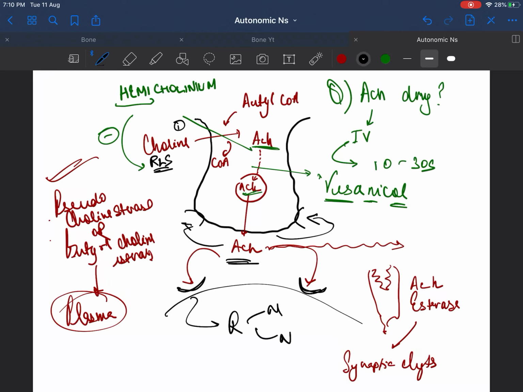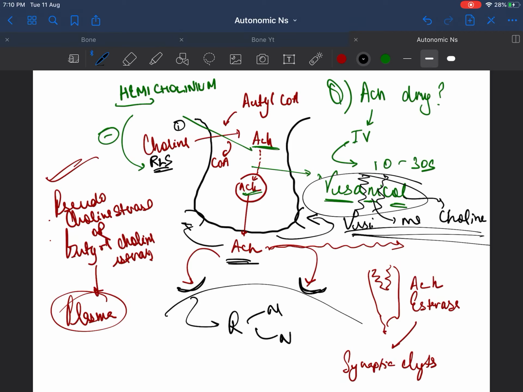You can remember this drug by speaking it in Hindi. Vesa means vesicle, me means में, choline. तो वेसिकल में कोलिन नहीं घुस पाएगा by the help of the drug vesamicol. Vesamicol does not allow the ACH to enter inside the synaptic vesicle.